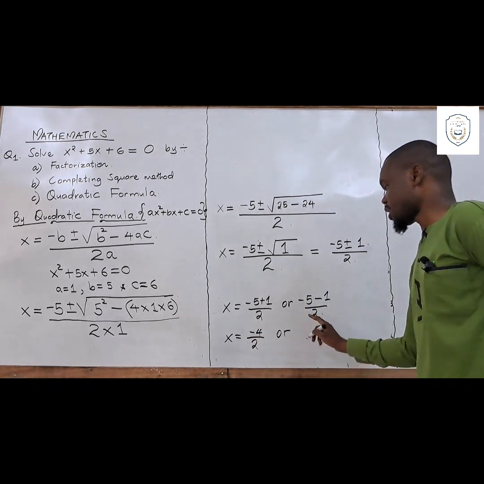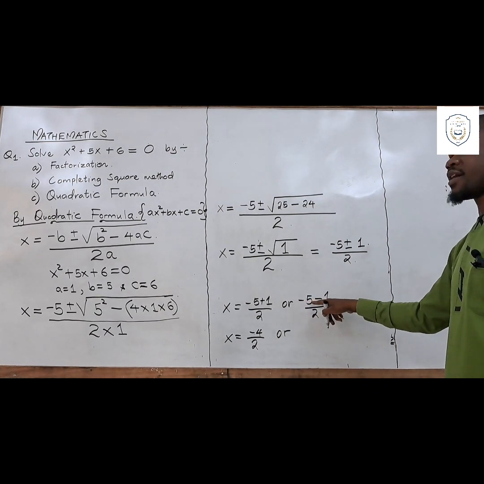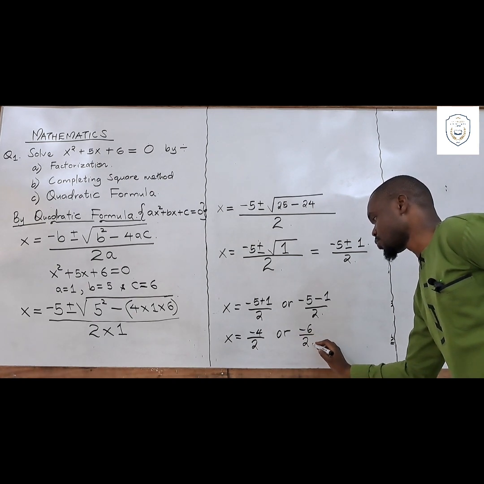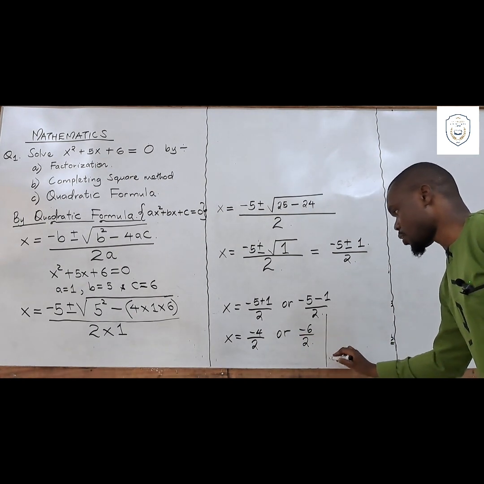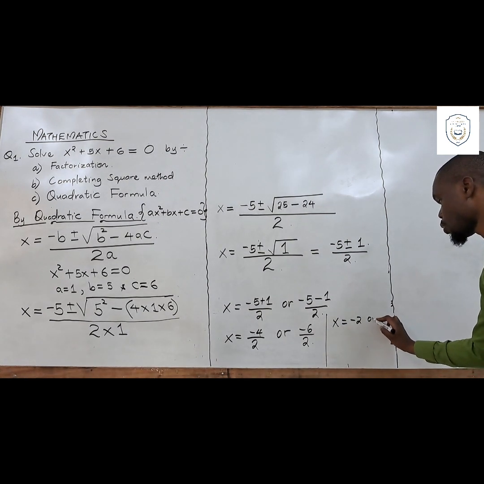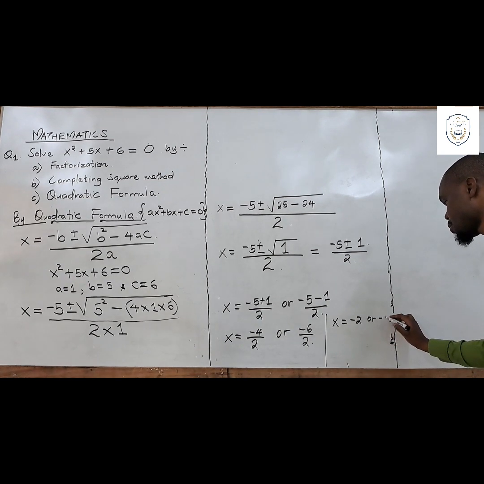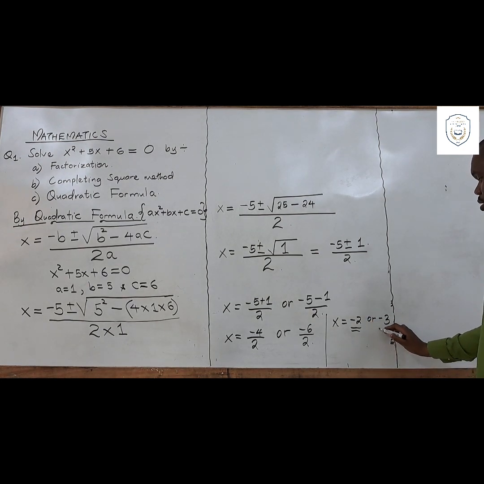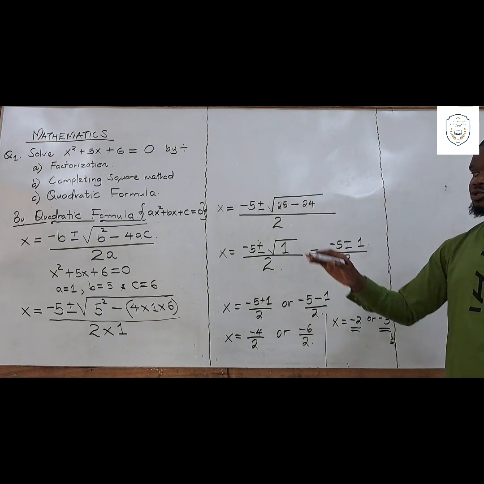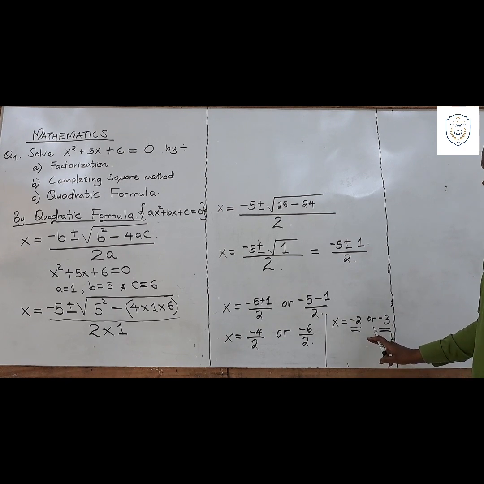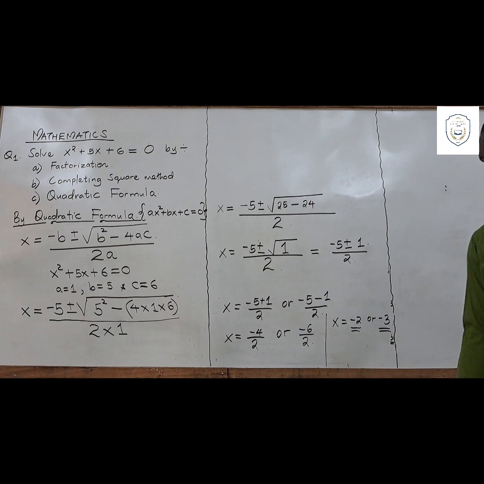And on this other side, negative 5 minus 1 gives you a negative 6, all over 2. That means at the end of it all, x is either negative 2 or negative 3. Now, if you look at this and look at the values we had in the other methods, you discover that the values are the same, negative 2 and negative 3. Those are the roots for the equation.